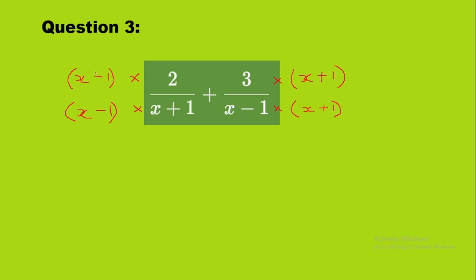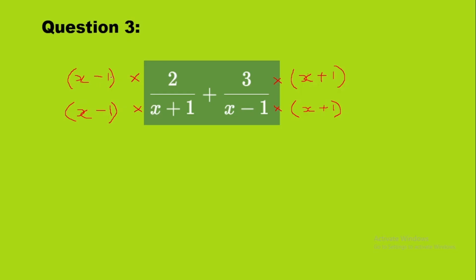Now, whenever we see two terms being multiplied by a number or one term outside of the bracket, we distribute. Now, what separates a term to know that you have more than one term? A plus or minus sign.